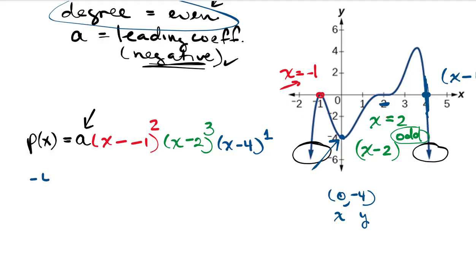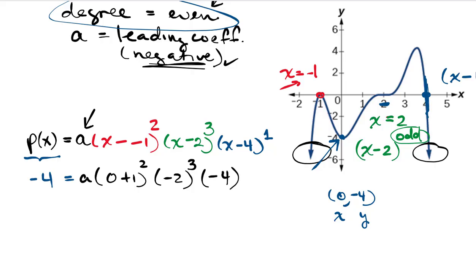So making our substitution for the output as -4 and our input as 0, we would end up with a times 0 plus 1 squared times 0 minus 2 to the 3rd, and then 0 minus 4, which is just -4, raised to the 1st.